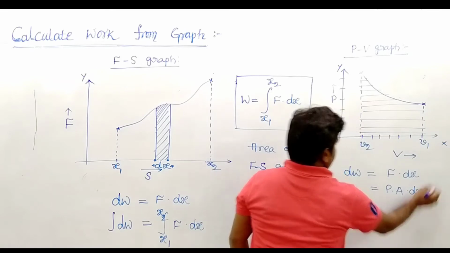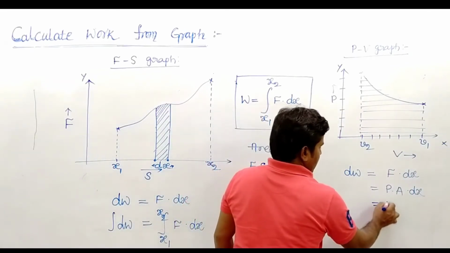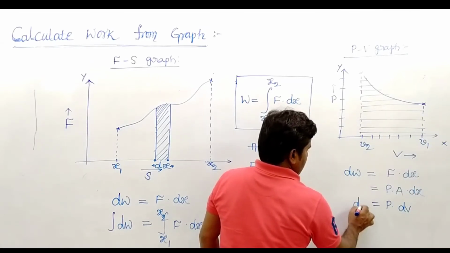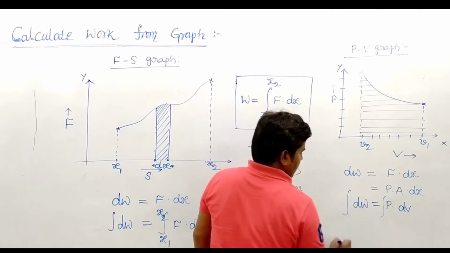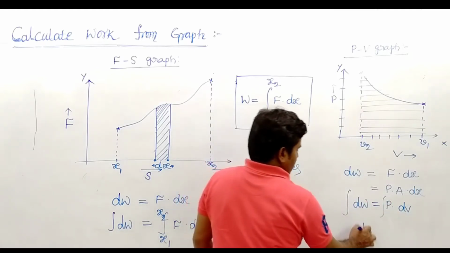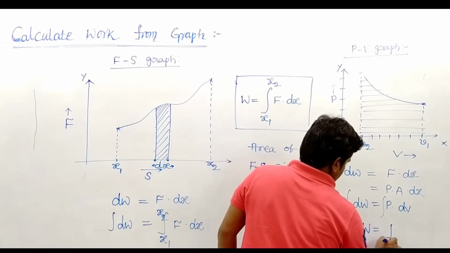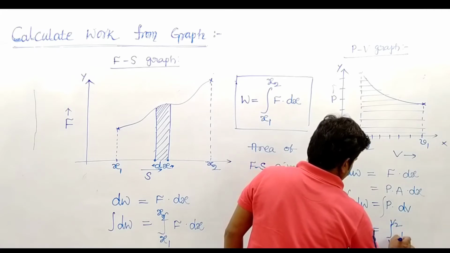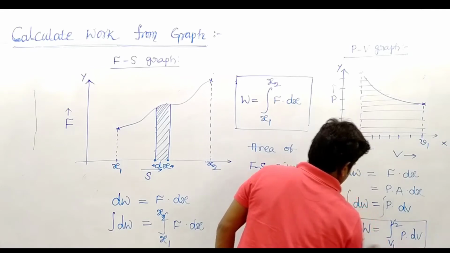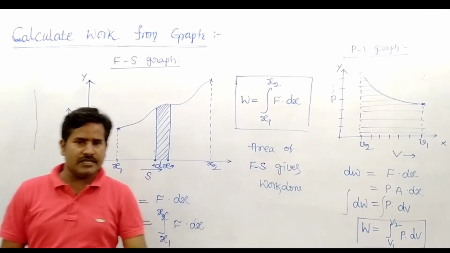So dW equals P into A into dx, and A dx is dV. Integrating both sides, the integral of dW equals the integral of P dV. So W equals the integral from V1 to V2 of P dV. This is the work done in this case.